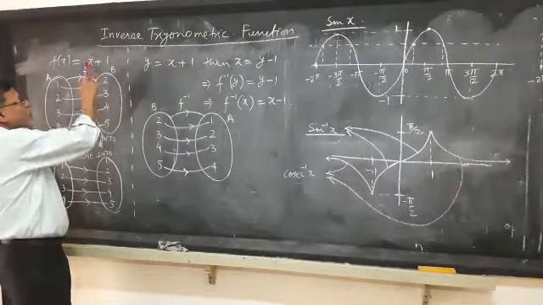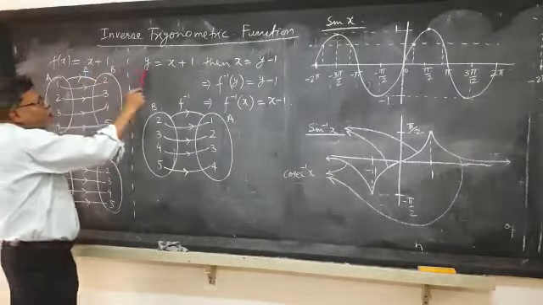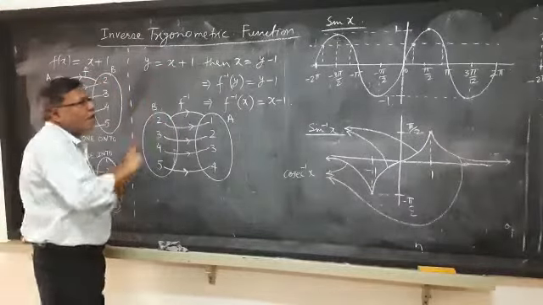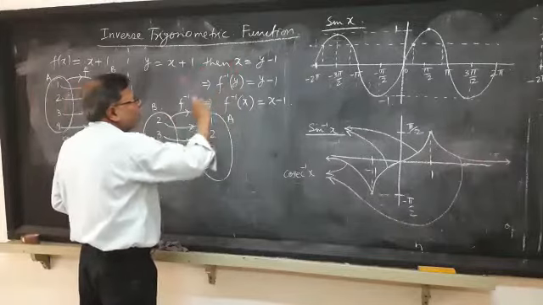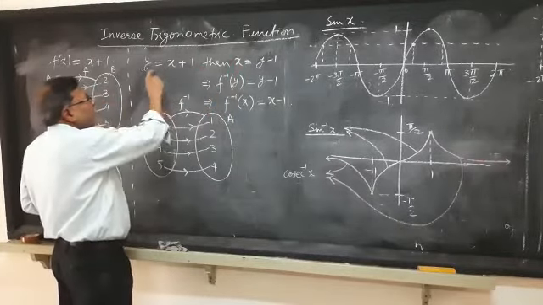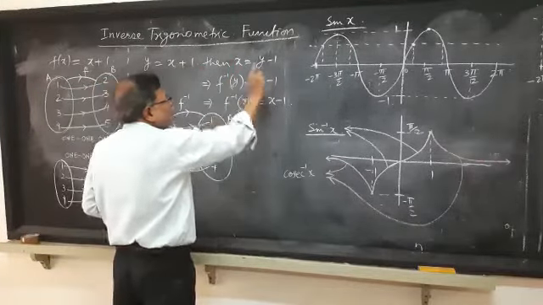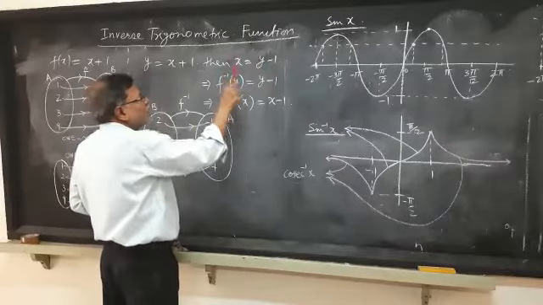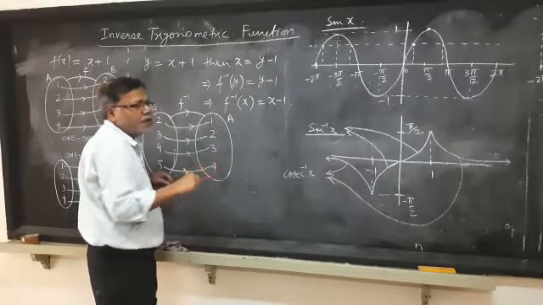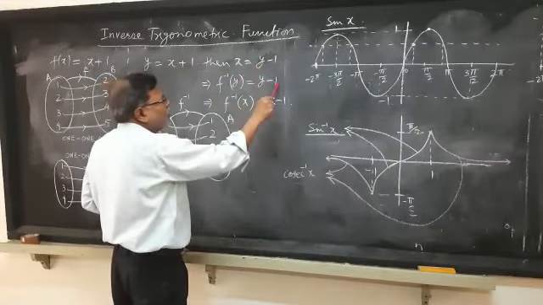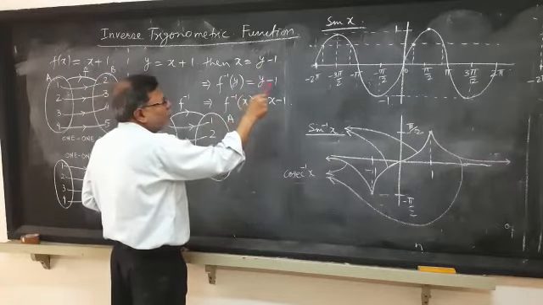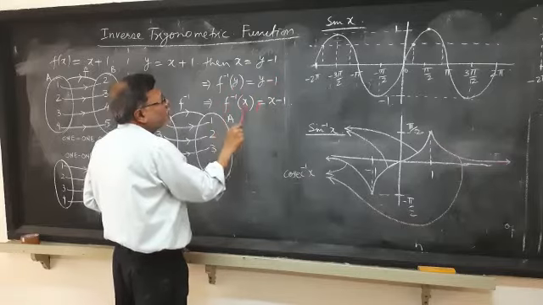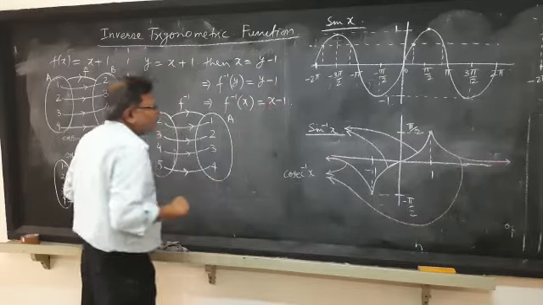What we have done is this x plus 1 is taken as y. Then we have made x the subject of the formula. So x is equal to y minus 1, which is what I have written over here, and this x is written as f inverse of y is equal to y minus 1, and then finally I have written f inverse y is equal to y minus 1 as f inverse x is equal to x minus 1.